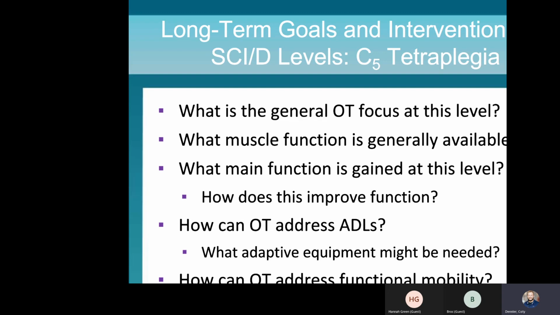The C levels are the most important to learn. Know those like the back of your hand. I guarantee you on the big exam, there will be some questions about this. And it won't say, at the C5 level the person can do this, this, and this.